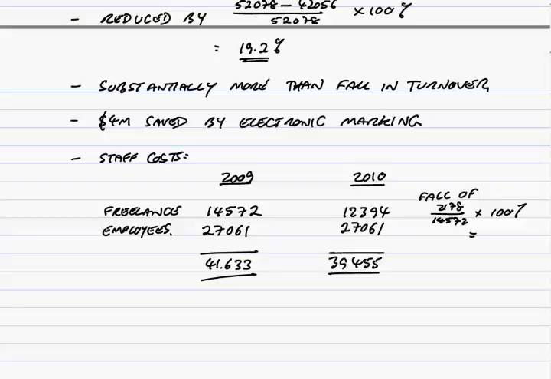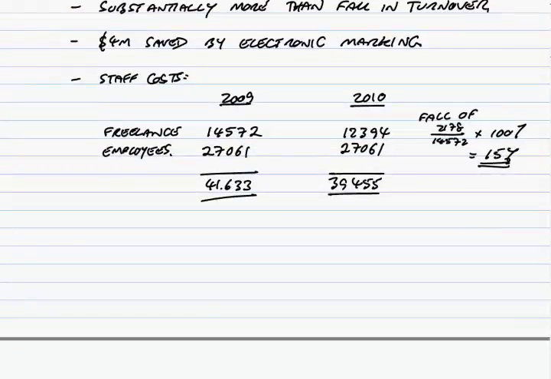A fall of 14.9, 15%. And so we've done extremely well there. Freelance costs down by 15%.